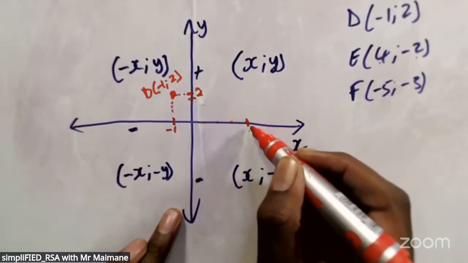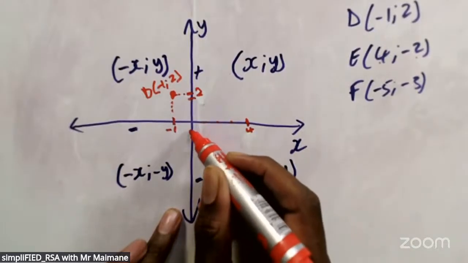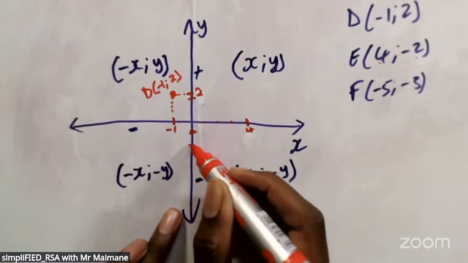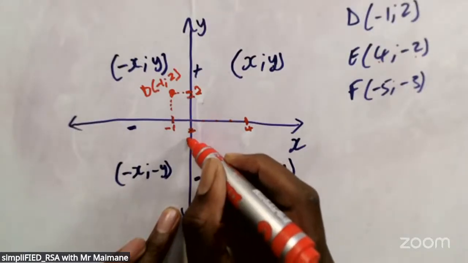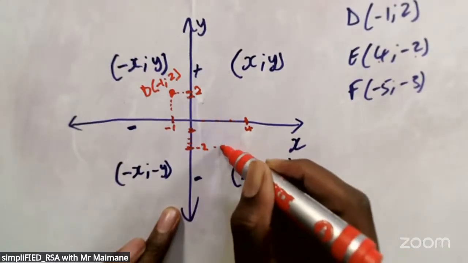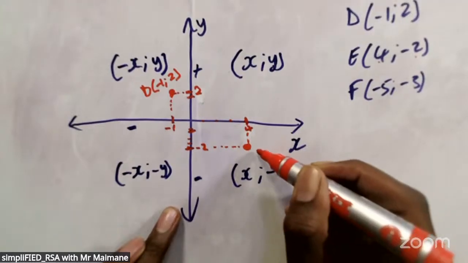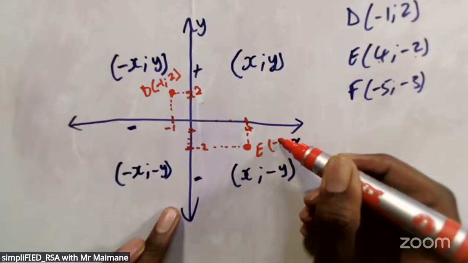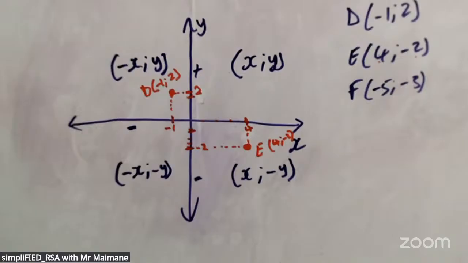We can say our +4 is somewhere there, and then our -2 can be proportional to -1. So -1, maybe we can put it somewhere here and have our -2 here. Therefore, our point E is there, 4 and -2. We are getting somewhere.